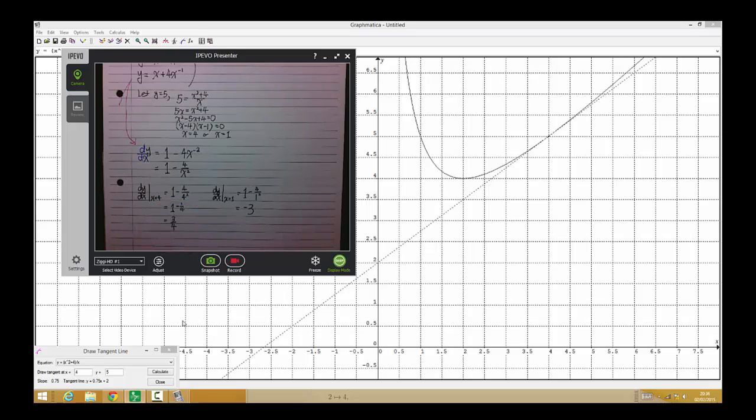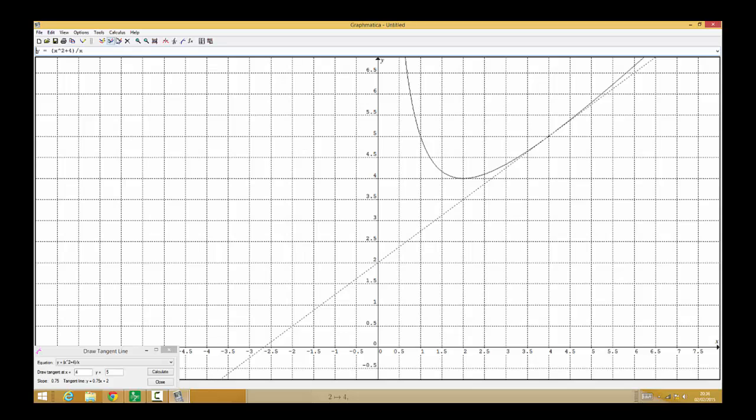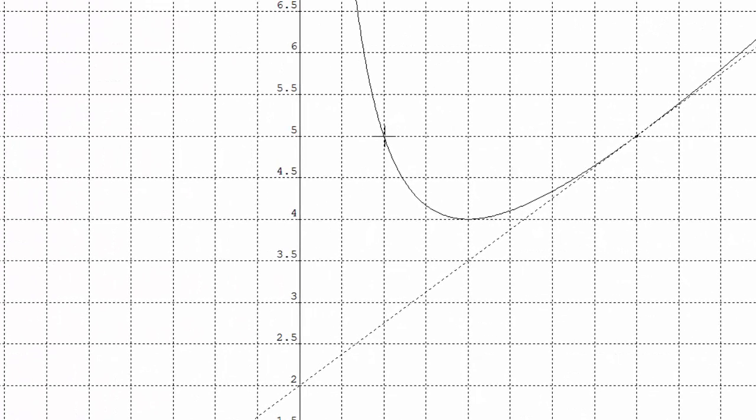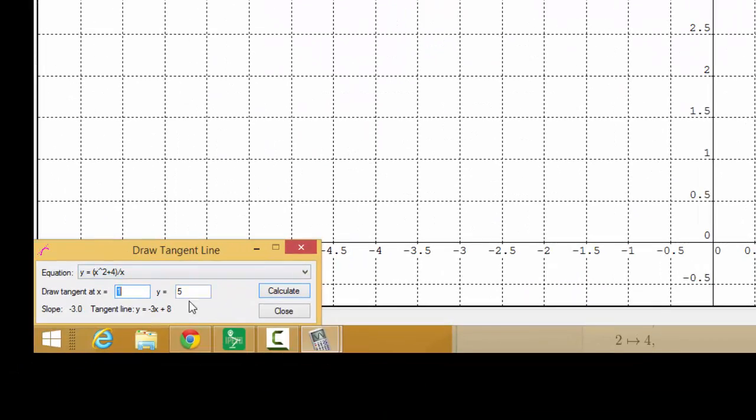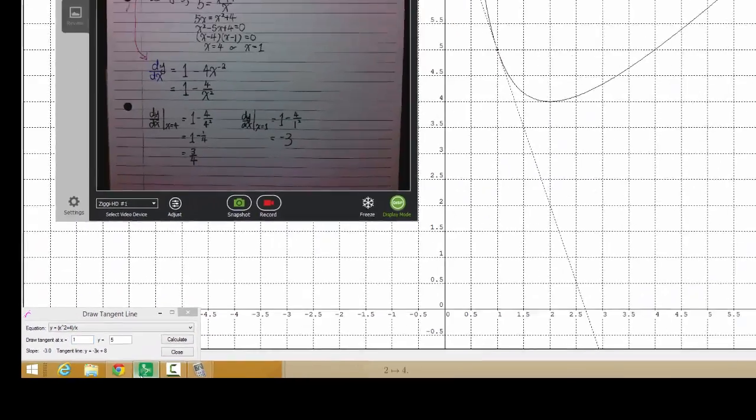So we have found the first gradient. Now I use calculus again and draw a tangent at the other point, where y equals 5 and x is 1. Again, notice at the bottom left that when x is 1 and y equals 5, the slope or gradient at this point is -3.